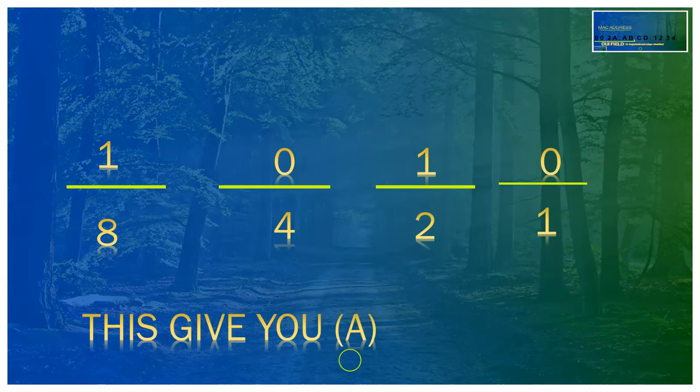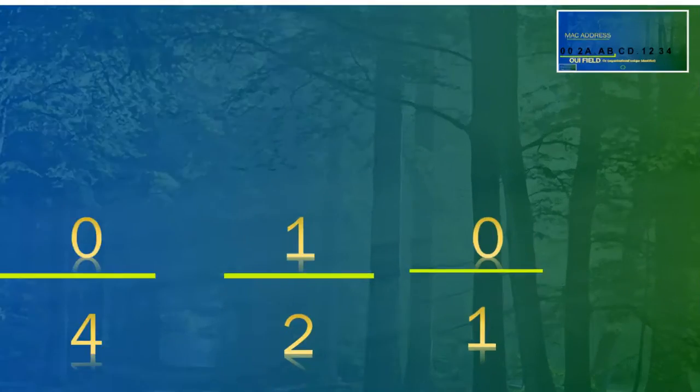That gives you A. So this 8 is turned on, this 2 is turned on, the 4 and the 1 are turned off, and 8 plus 2 will give you 10, which is equal to A, because A means 10 in hexadecimal. You get me? Okay.